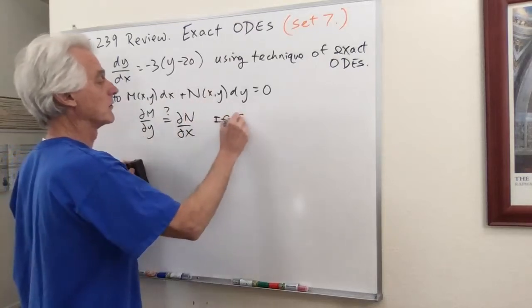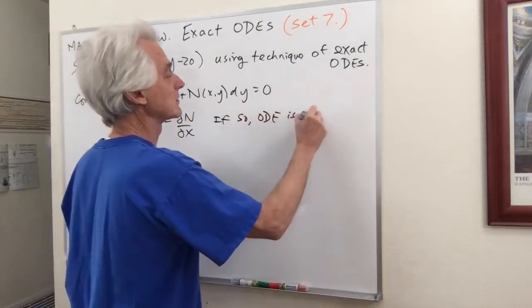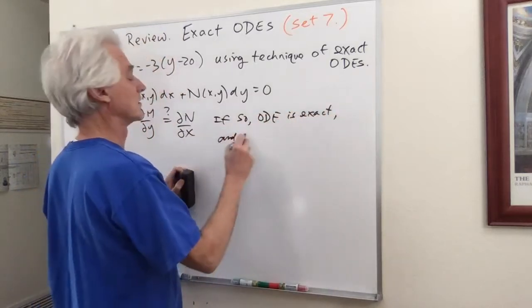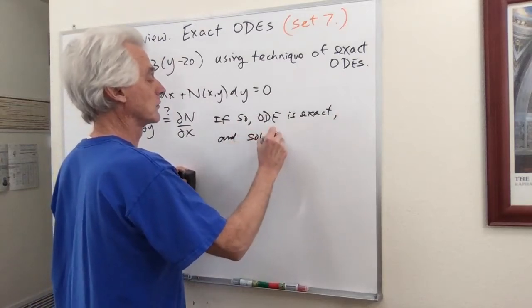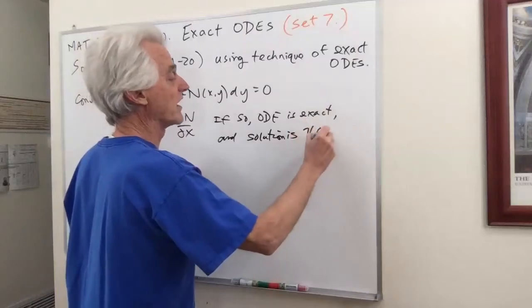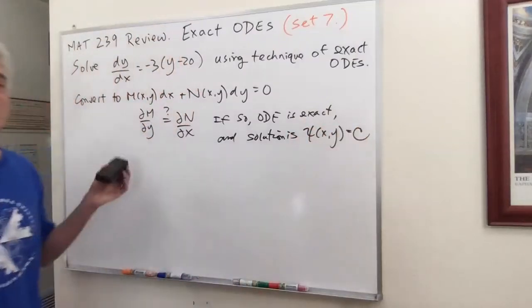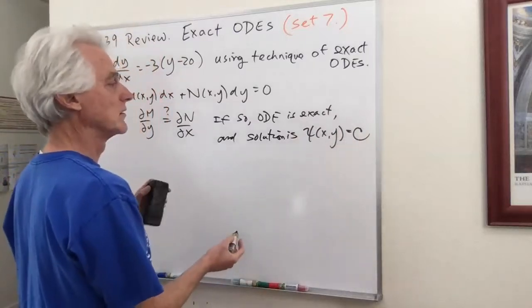And if they are equal, the ODE is exact. And the solution is psi of x and y equals a constant. That's going to be the general solution, the solution with an arbitrary constant in it.